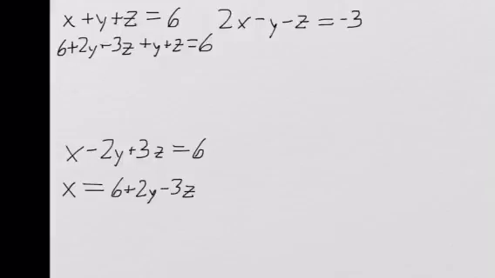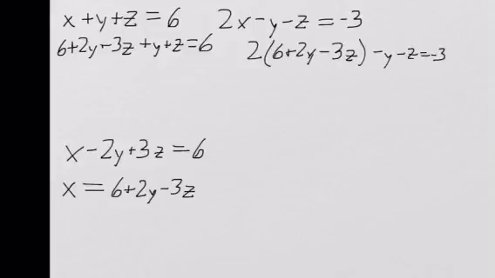And then the other substitution, 2 times (6 plus 2y minus 3z) minus y minus z equals negative 3. So I'm going to go ahead and solve that second equation for the variable y.